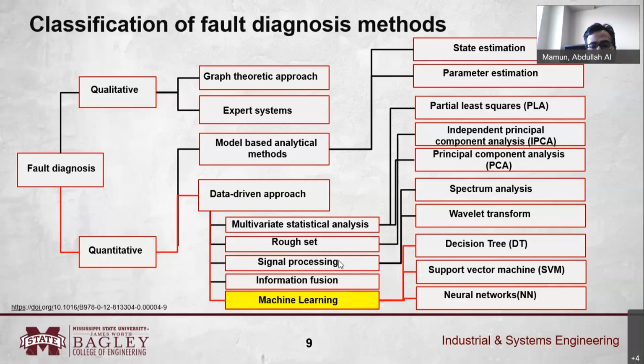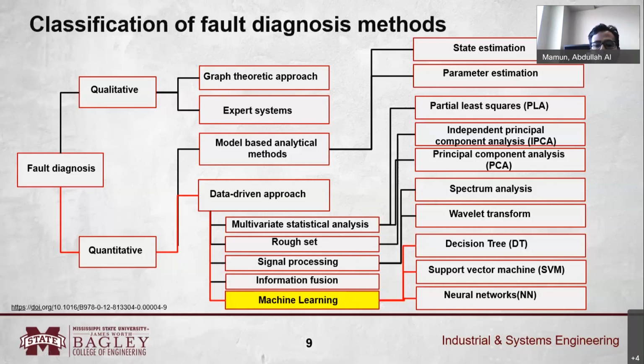If we consider signal processing, it also covers two popular methods, spectrum analysis and wavelet transforms. These are the two methods which have been used for a long time. Looking at the highlighted one, machine learning is the most popular one, and nowadays it is widely used for classification in all diagnosis methods.